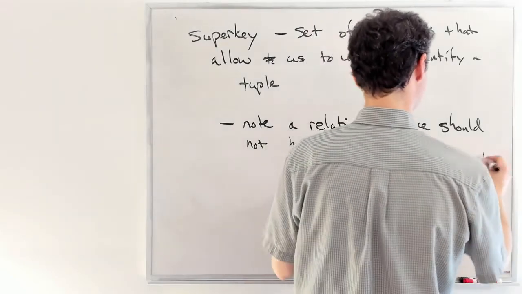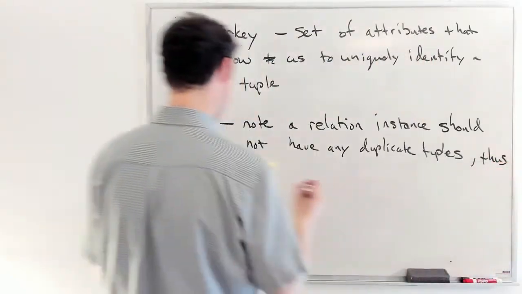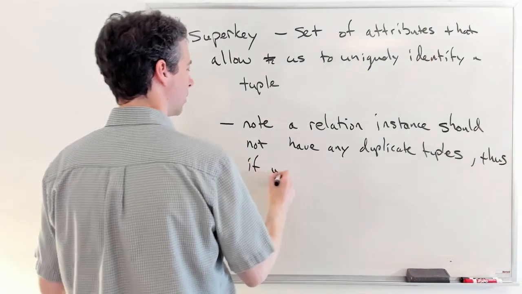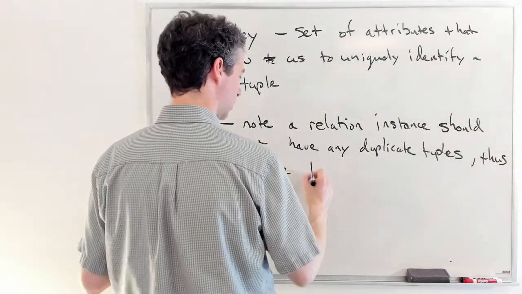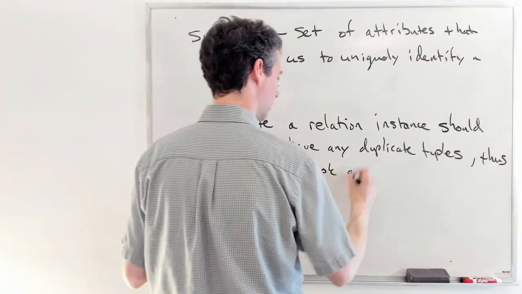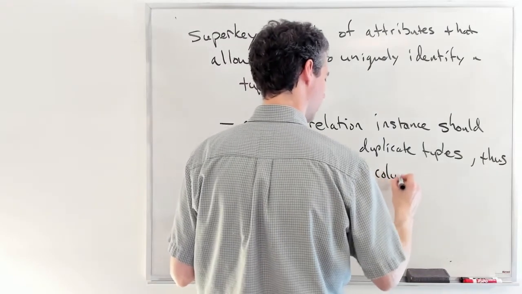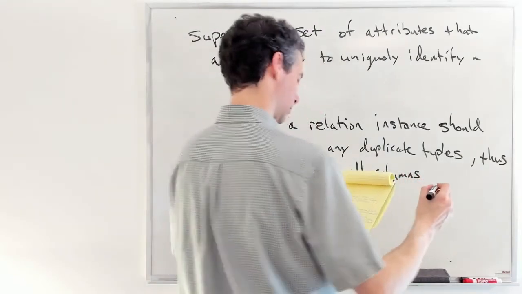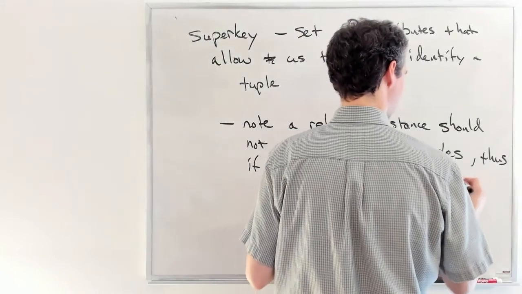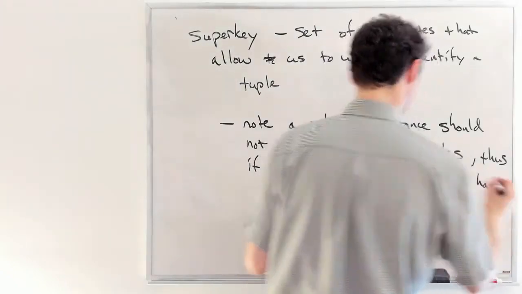Okay. Thus, if we took all the columns, or all the attributes, as a set, we'd have a super key.